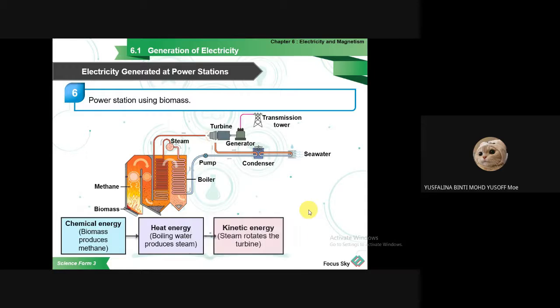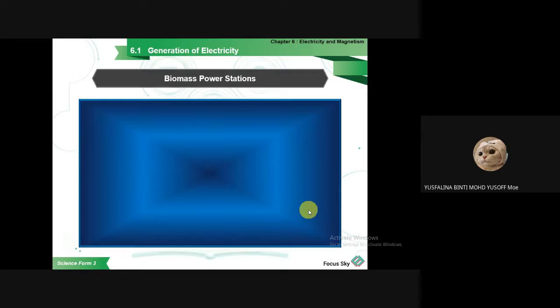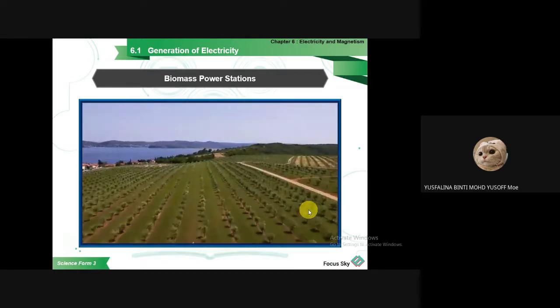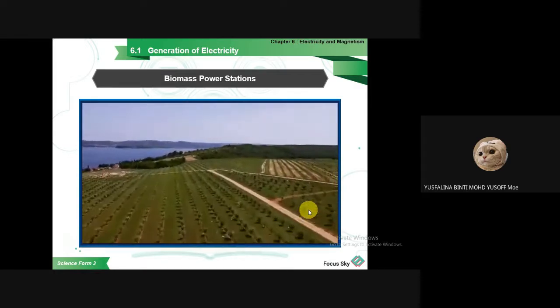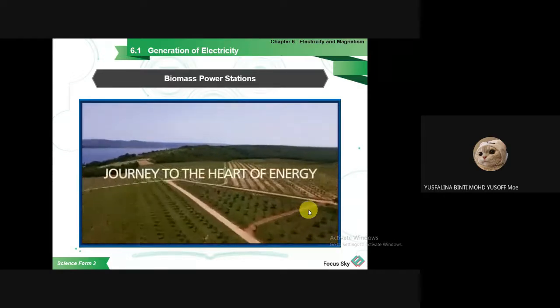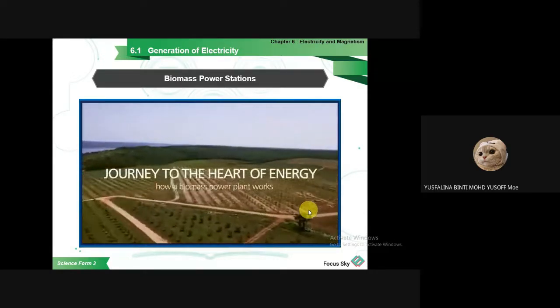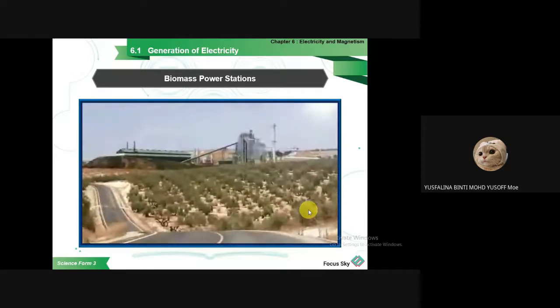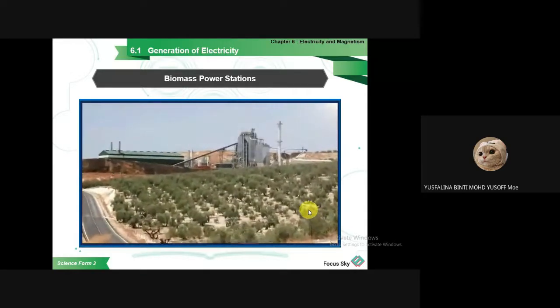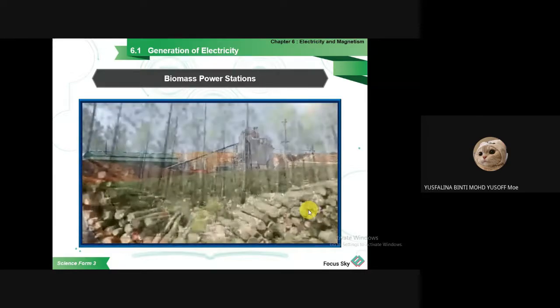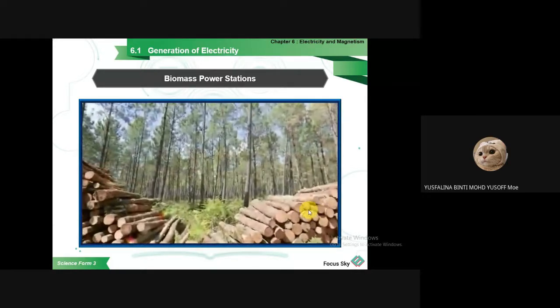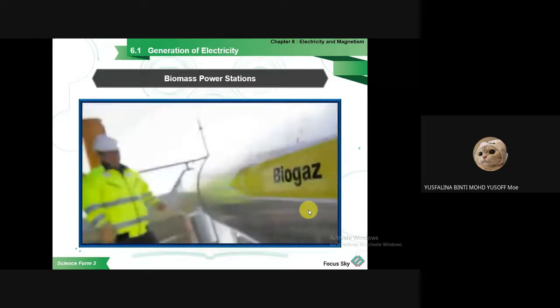Then the steam will rotate the turbine, the turbine will rotate the generator, and the generator will produce the electricity. They use the plant residue as the substance to burn. Like before, for thermal energy they use coal to burn, but this one they use plant residue.